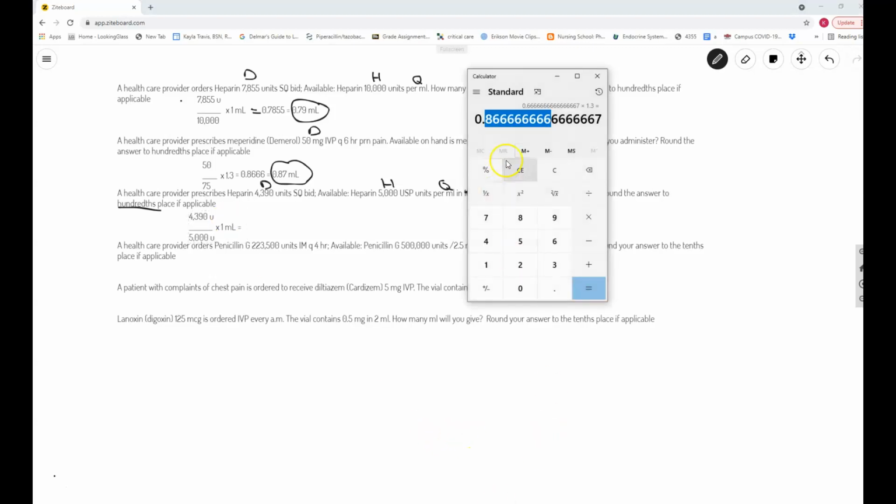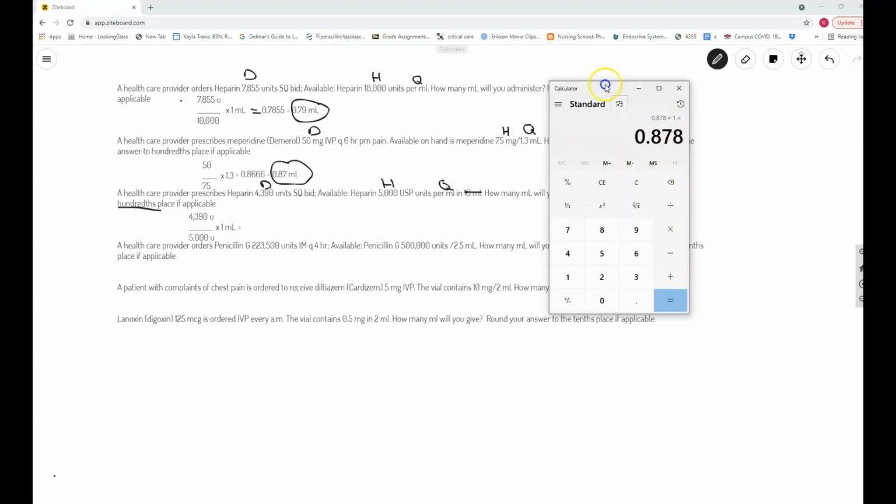So let's do it in the calculator. 4,390 divided by 5,000 gives me 0.878 times 1. Gives me 0.878. Okay, so 0.878.